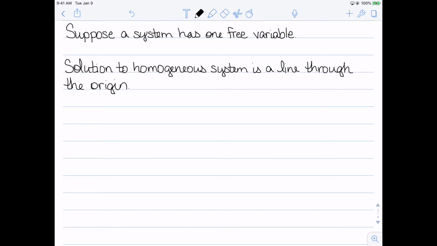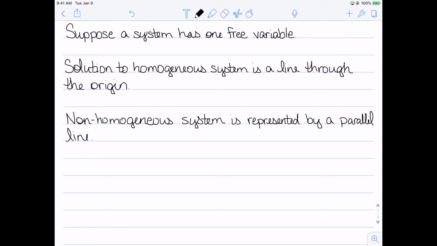We know we have a free variable, so it can't be just the trivial solution. We know we have non-trivial solutions, and it is represented as a line that passes through the origin. Then the non-homogeneous system will be represented by a parallel line. I'm going to take the homogeneous system and translate that line by the particular solution, p.